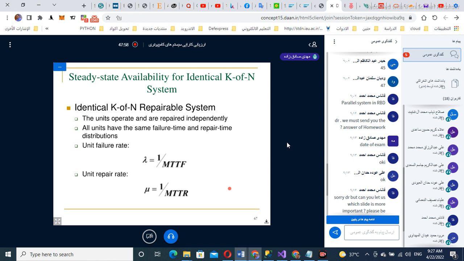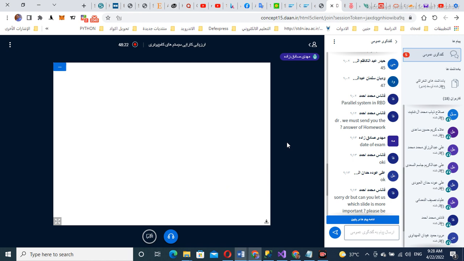Unit failure rate, lambda equal 1 divided by mean time to failure. Because here mean time to failure, that is until the system works, that is lambda, the working rate. And unit repair rate, mu equal 1 divided by MTTR, because the rate is the inverse of the time period.